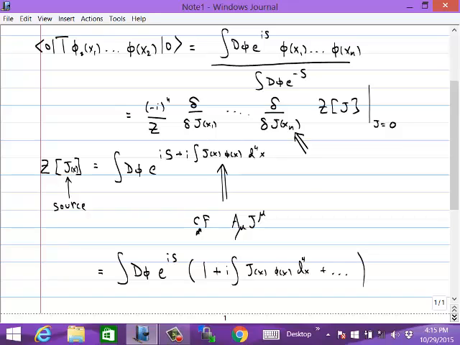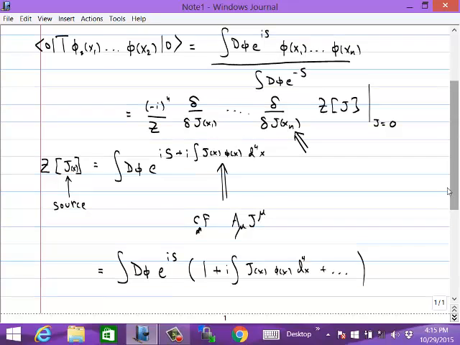These variational derivatives pick out the pieces that are order n in j, because you're computing an n-point function, by taking n derivatives and then setting the j's equal to 0. Hopefully that's more or less clear? Any questions on that? That's sort of an important point. Good. Okay.